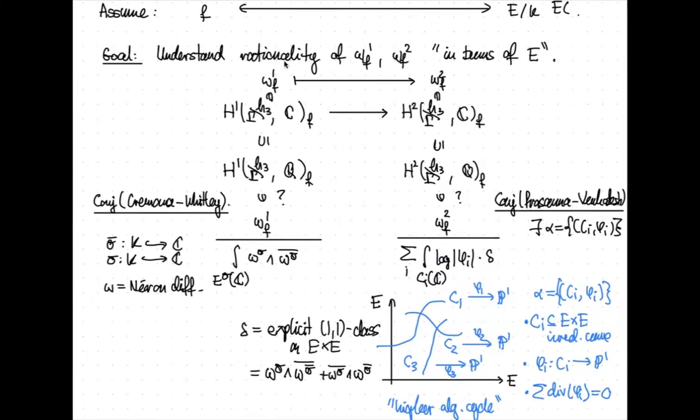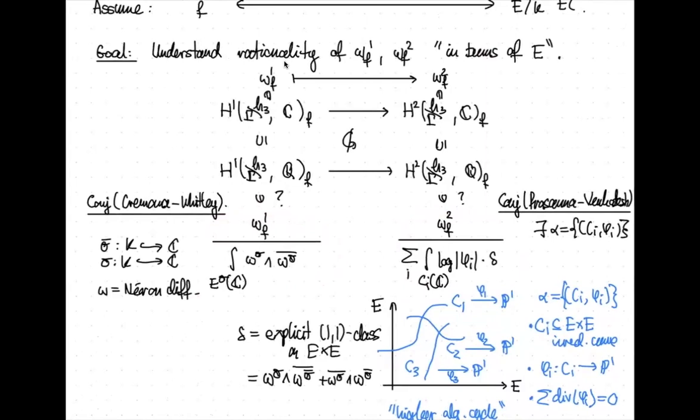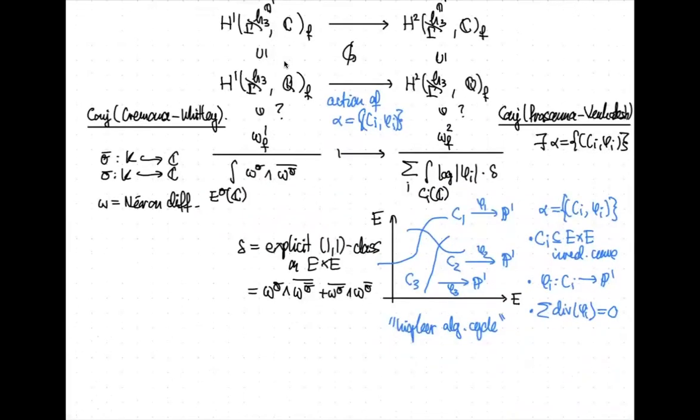So this is not going to be a commutative diagram if I do it like that. But over here, you have a map that sends this class to that class. They think of this map, which I wrote down very explicitly, as an action. This is an action of this alpha. Remember this alpha, which is really a motivic cohomology class written very explicitly.